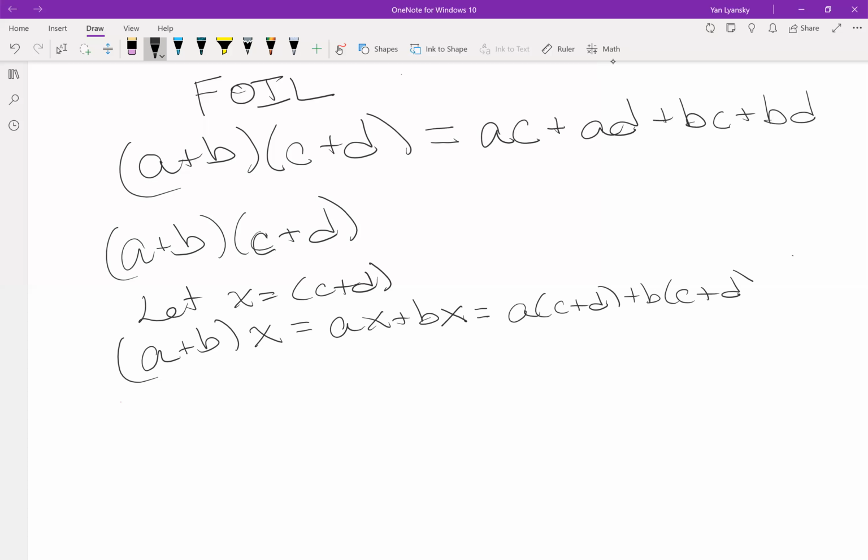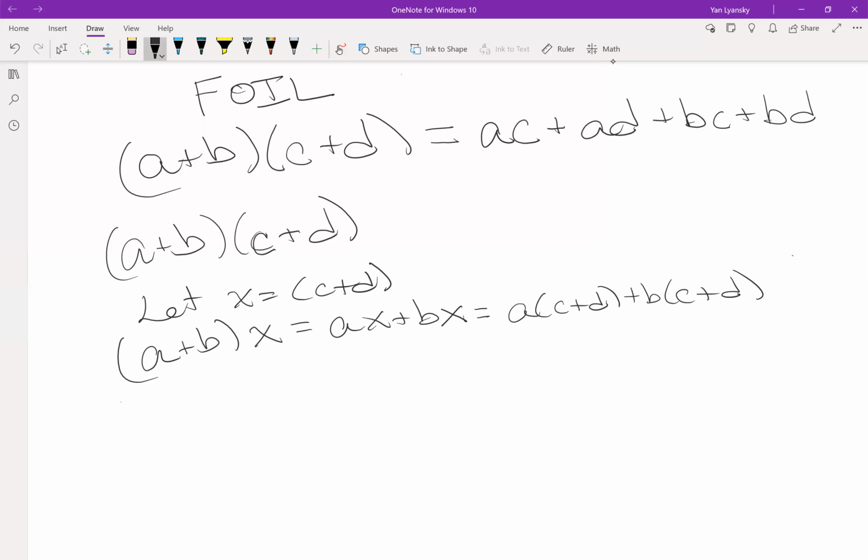And this is really cool. Why is this really cool? Well, this can be evaluated using the distributive property, and this can be evaluated using the distributive property. And once I do so, you're going to see that the FOIL method follows directly from one substitution step, which is right here, followed by the distributive property applied twice. You could say it's applied 3 times.